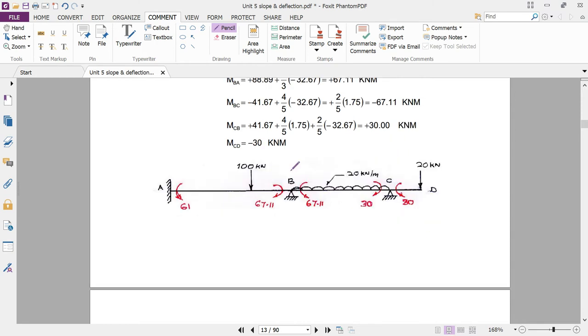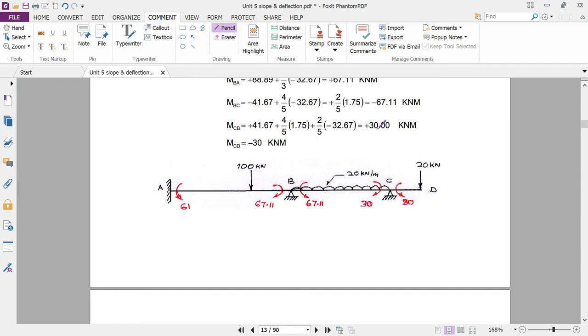If you see that at each joint, ultimately the summation of clockwise and anti-clockwise moments is 0. Here what we are getting is 30, and it is already here 30. No need to calculate here. In the calculation itself, it is a cross check that whatever value of MCB you obtain should be 30.